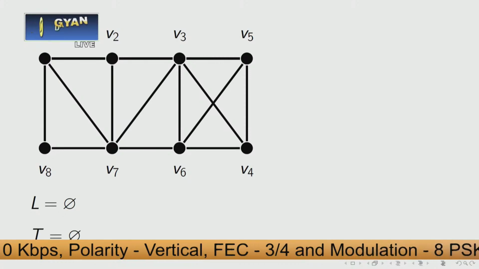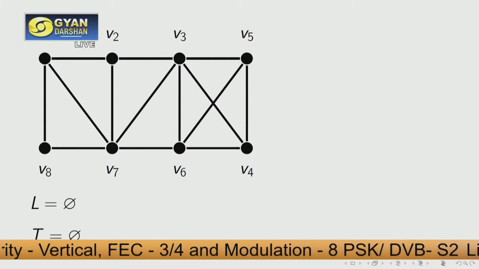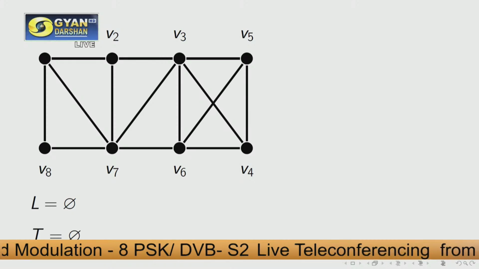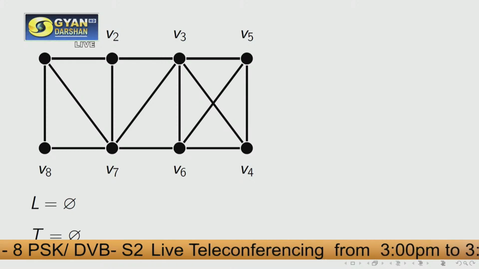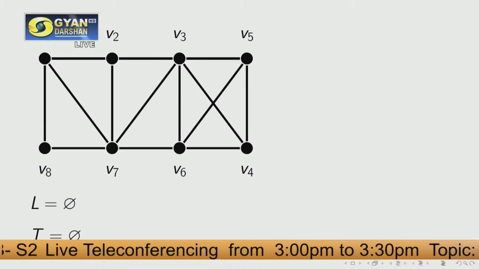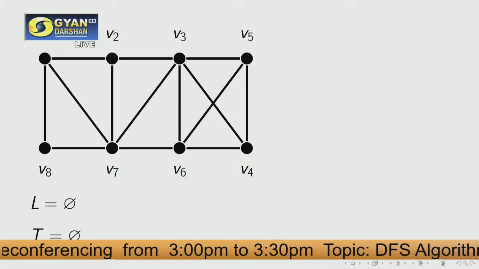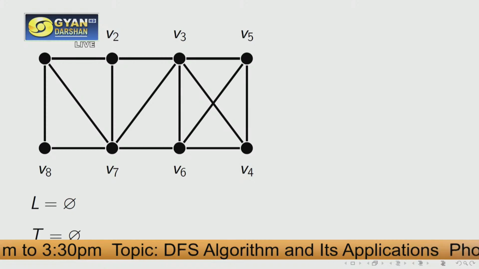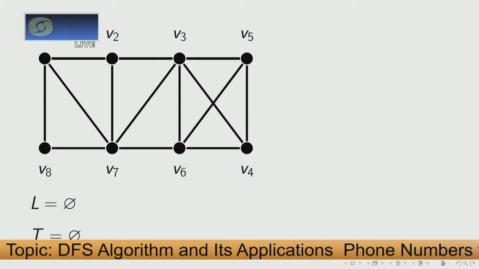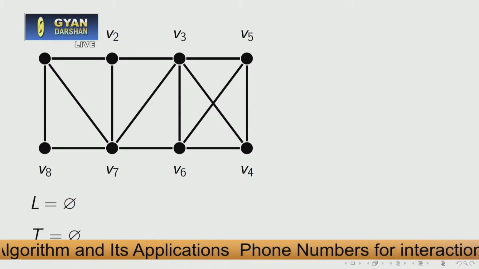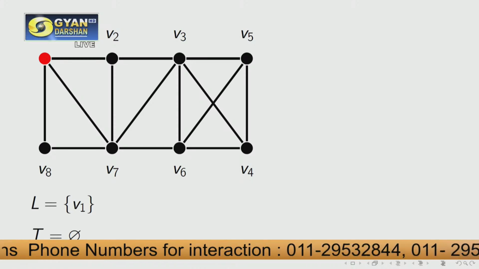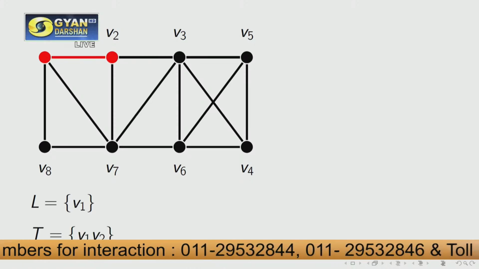So we are given one graph here. Let's start traversing this graph from the vertex V1. Initially we have L equal to empty and T also empty. Now when we start with V1, L contains V1, and then we move to V2.